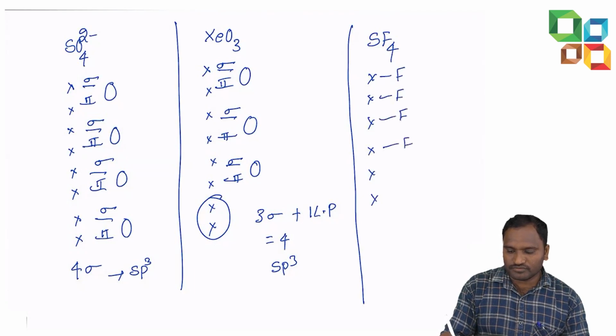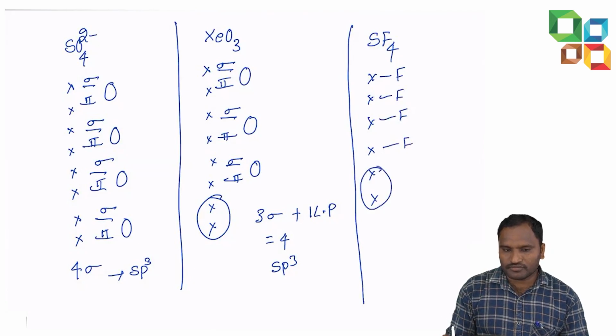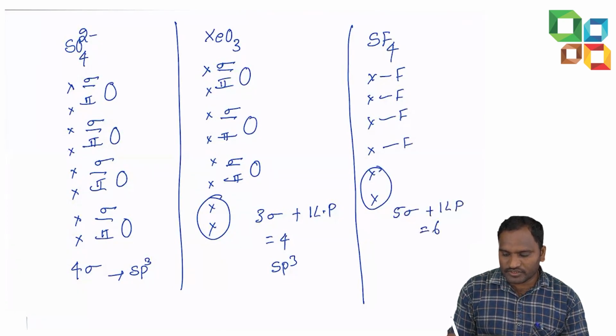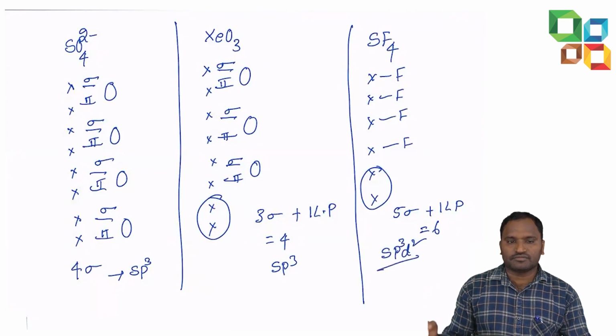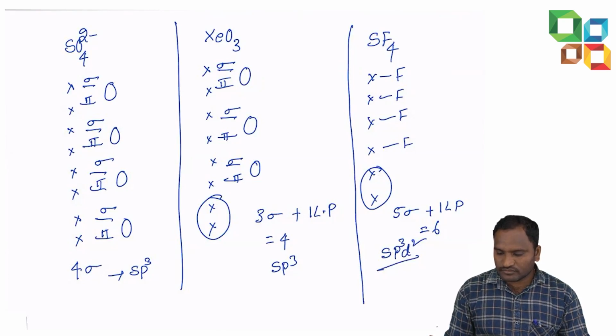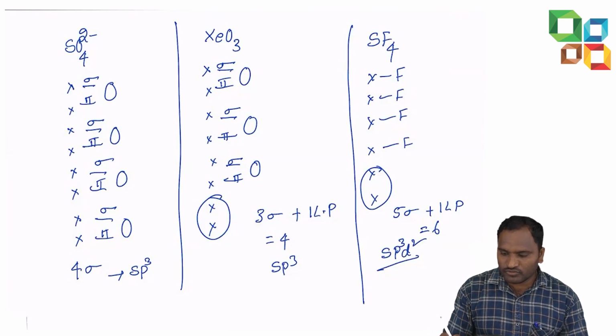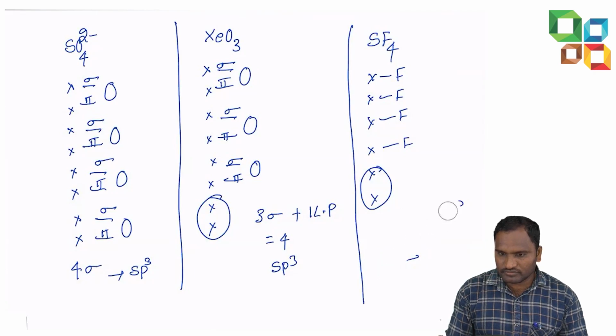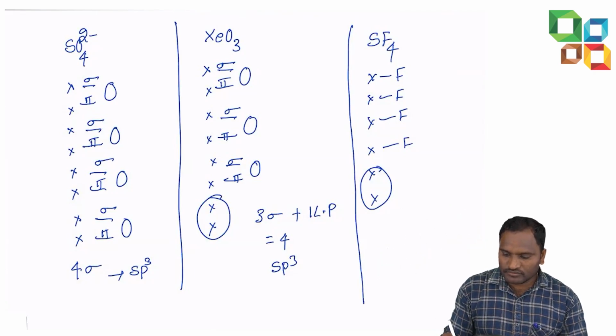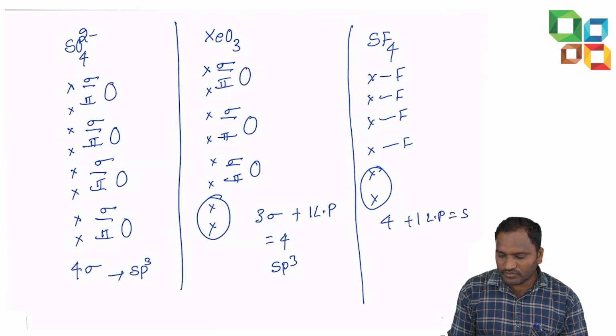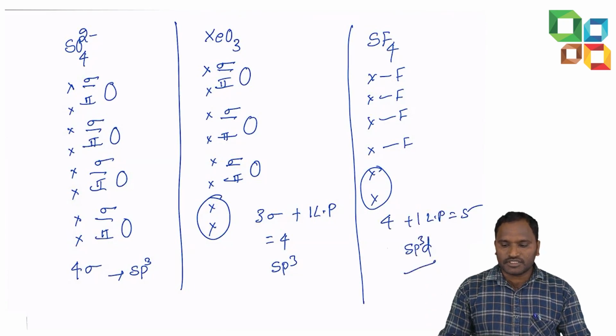They form bonds. 1 lone pair. So now 4 sigma bonds plus 1 lone pair. Sorry, 4 plus 1, 5. sp3d.